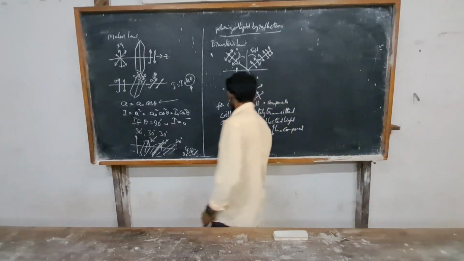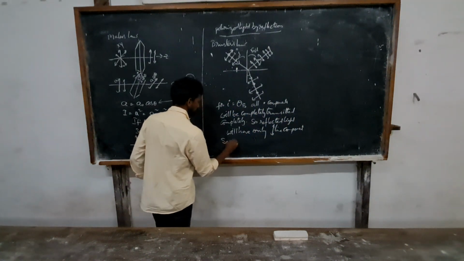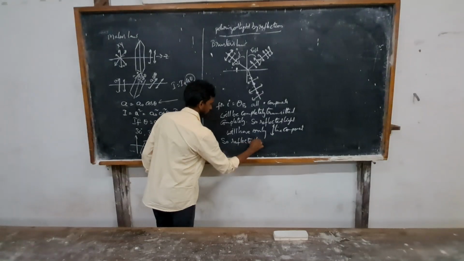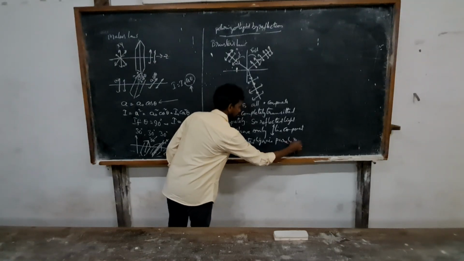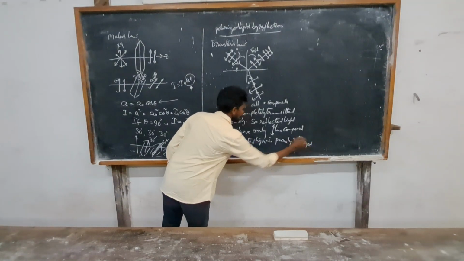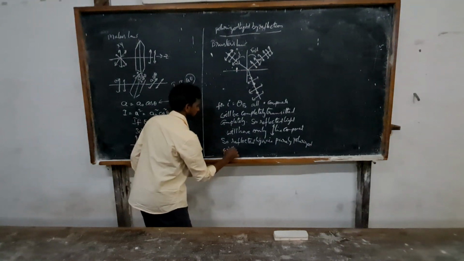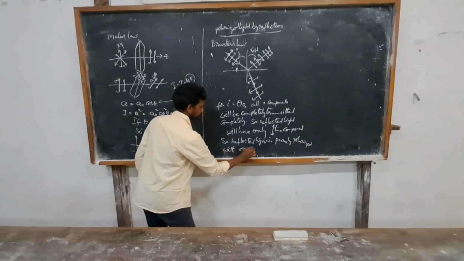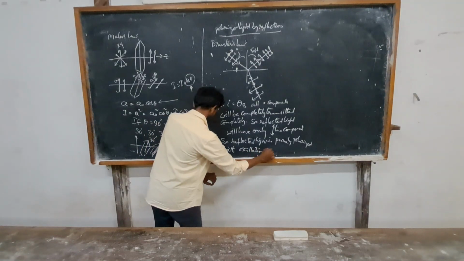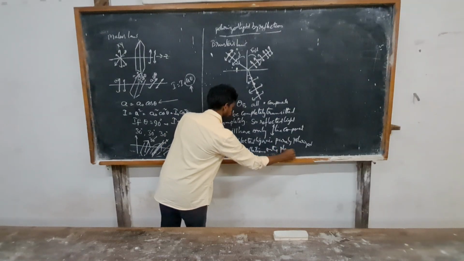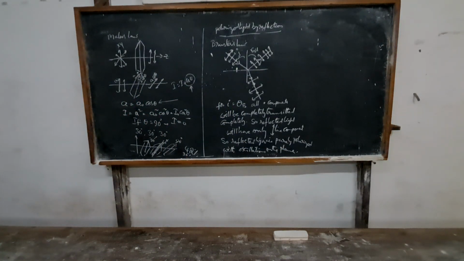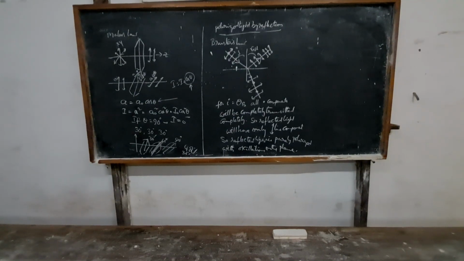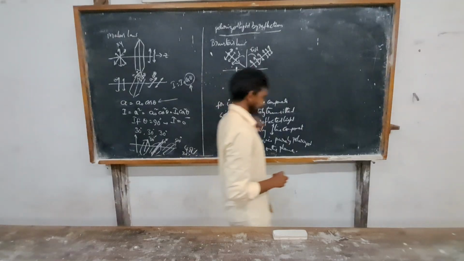So the reflected light is purely polarized with oscillations on the plane. That's called Brewster's law.